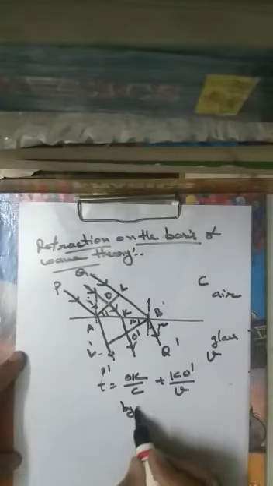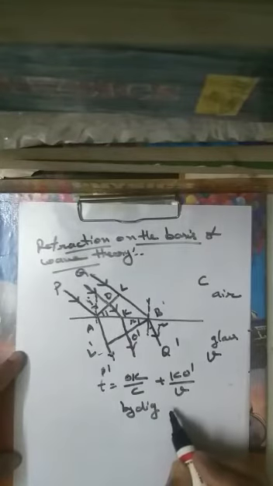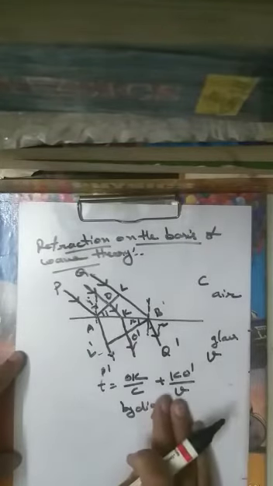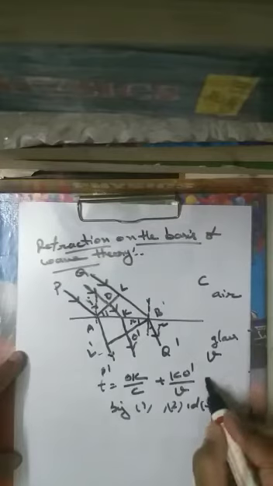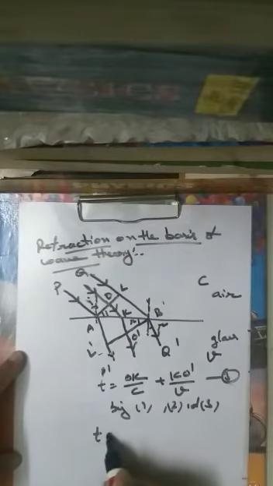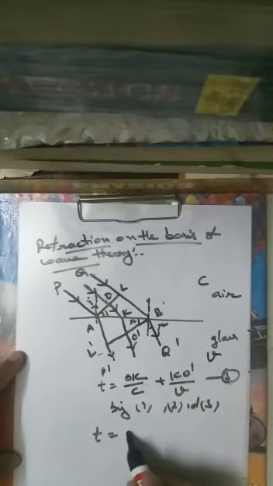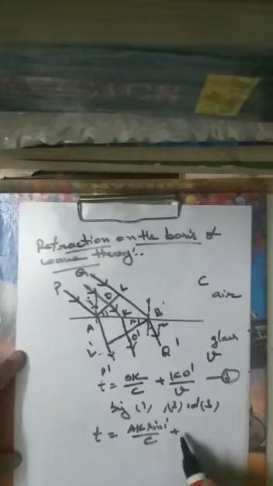By diagram, by equations 1, 2 and 3, t is equal to, we put the value, AK sin I upon c, plus KB sin R upon v.